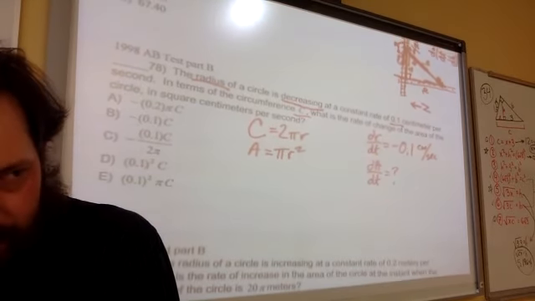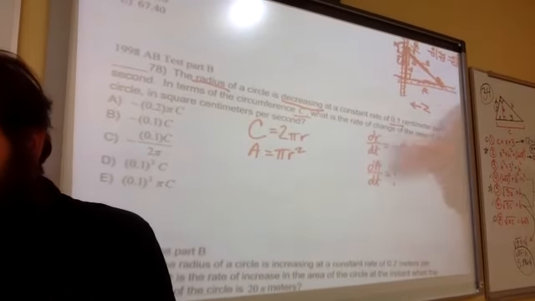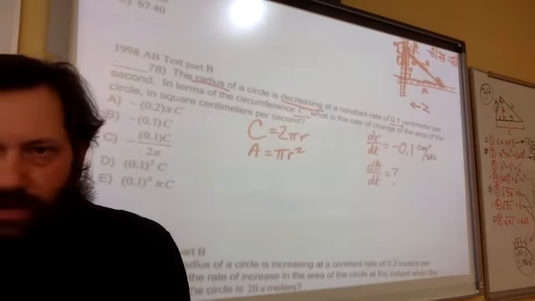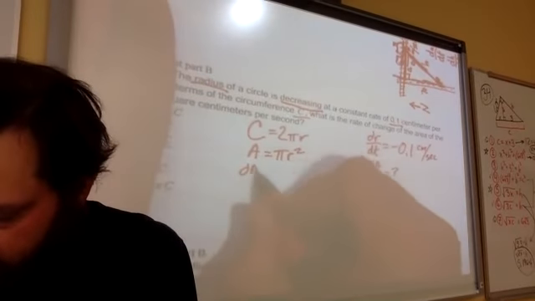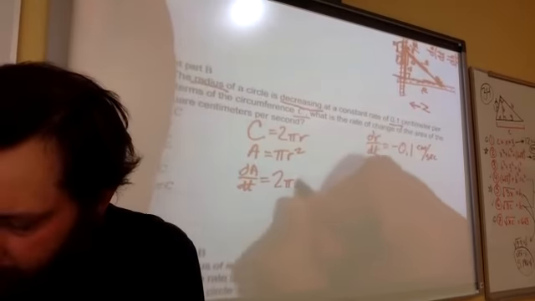And it's actually easier than you think. If you trust the process, it's showing you that we need dA/dt. So let's just take the derivative of area and see what happens. dA/dt equals 2 pi r dr/dt.